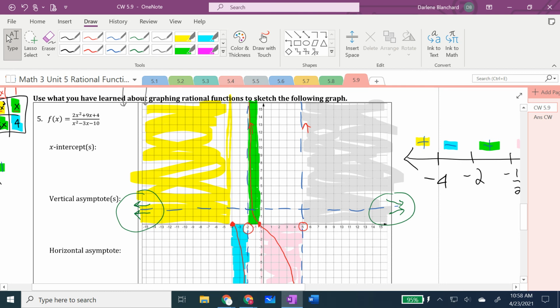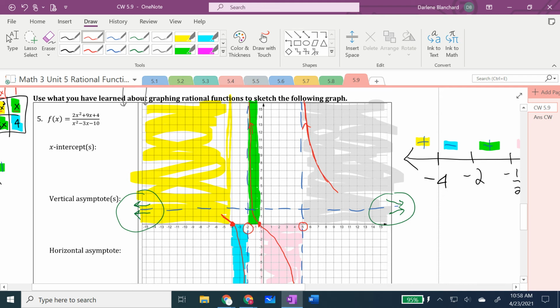Now, I do know this vertical asymptote. I do know that I'm in the yellow section. I've got this x-intercept that I have to head to.